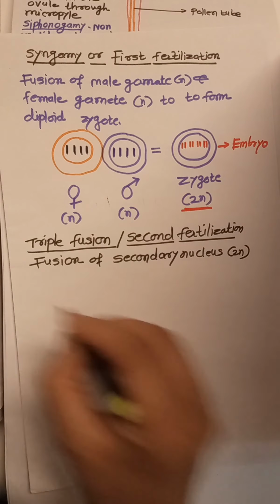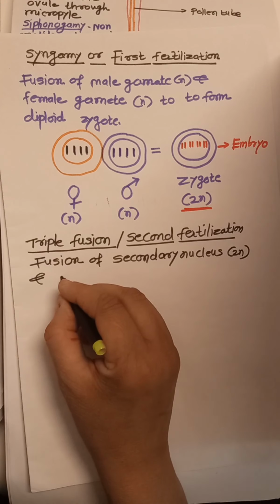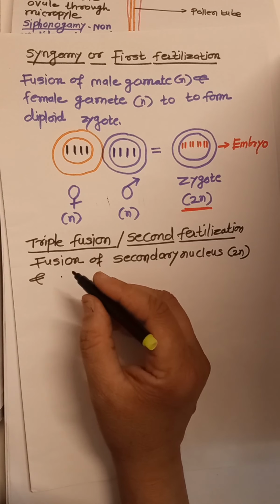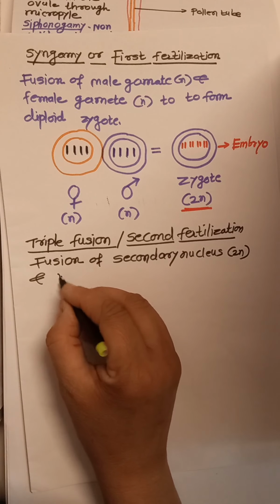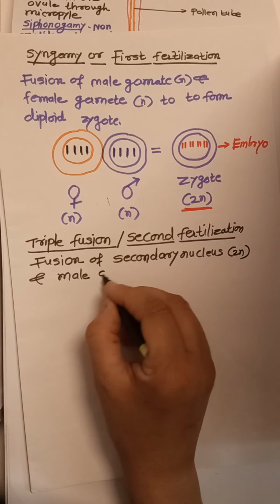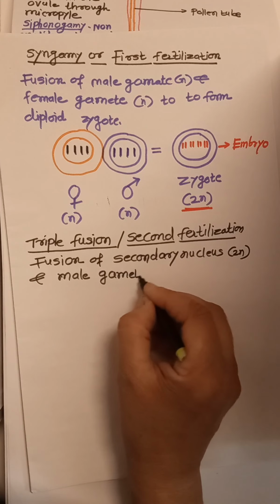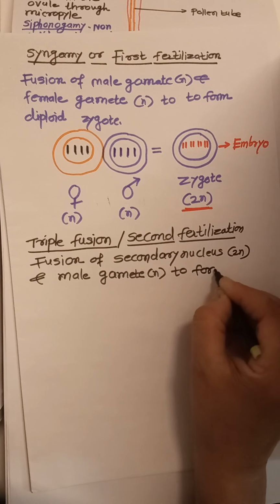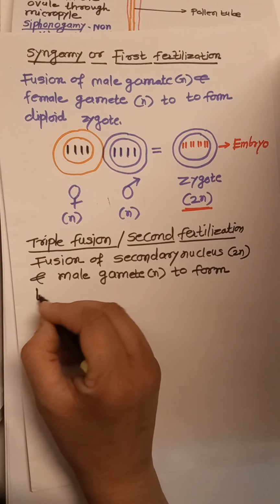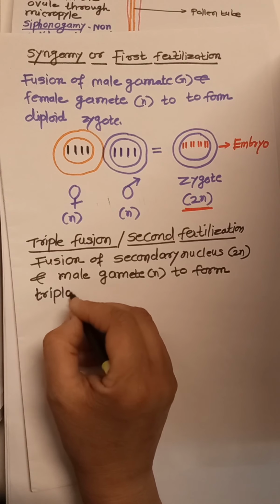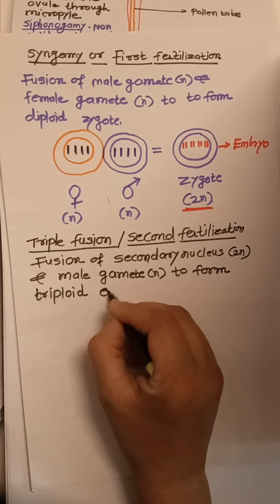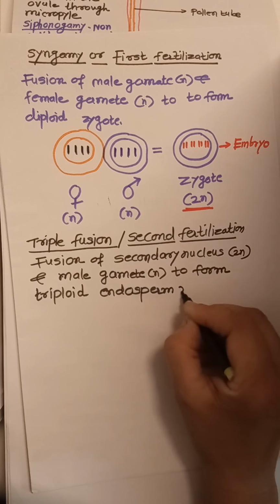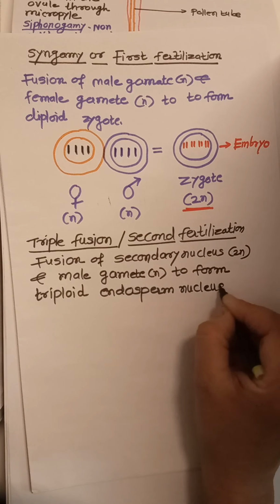So fusion of the secondary nucleus and the second male gamete, which is haploid, forms the triploid endosperm nucleus.